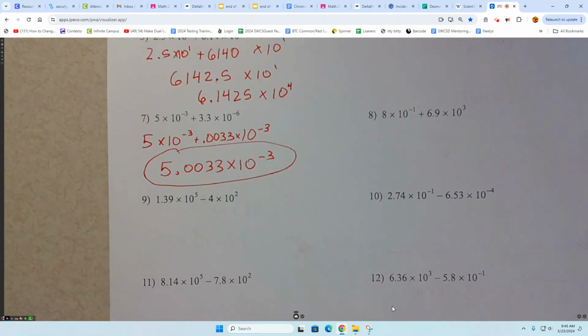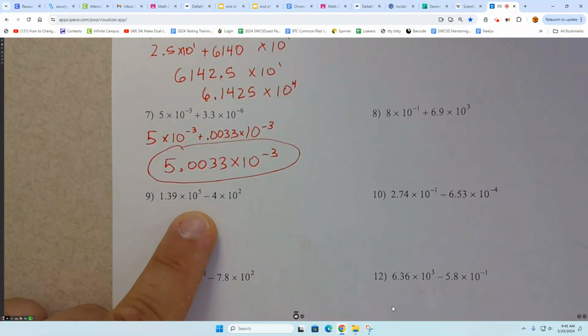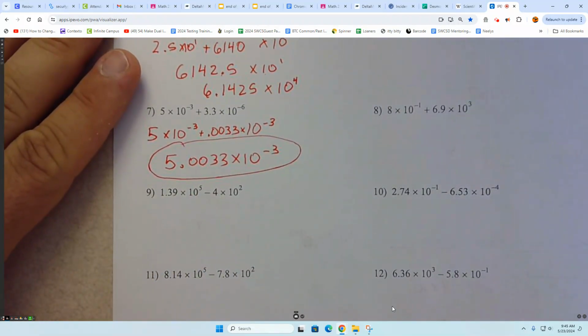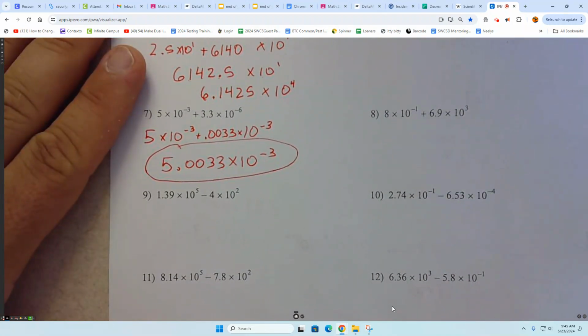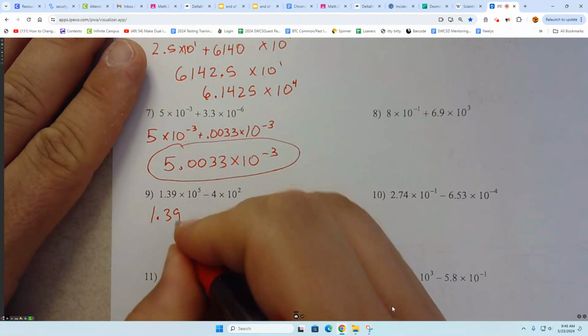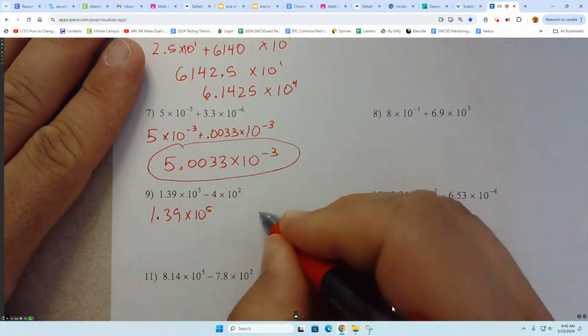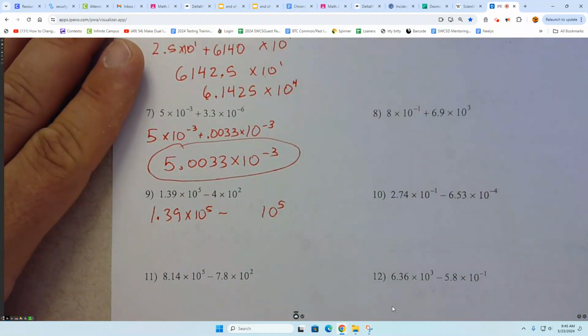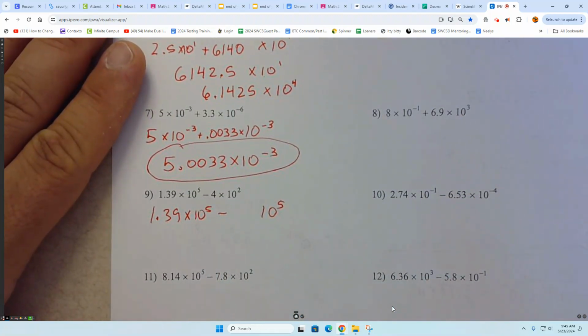So let's do one more. This time it's subtraction. Again, we're allowed to subtract as long as the powers are the same. So do you want to change it to 10 to the second, or do you want to change both to 10 to the fifth? 10 to the fifth. 1.39 times 10 to the fifth. I always like to just write 10 to the fifth right here and figure out what I need to do. It took 3 away, 3 tens.